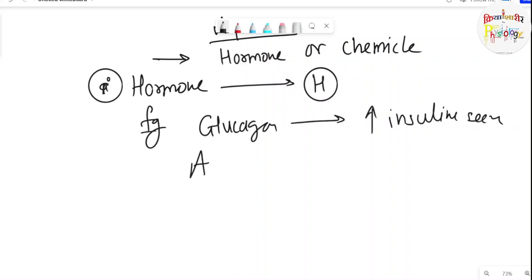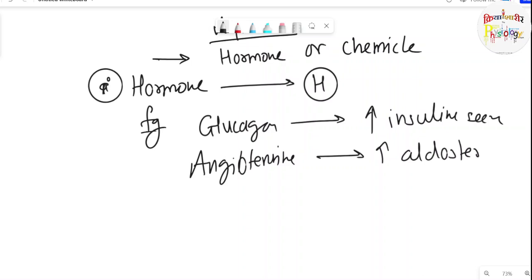Angiotensin increases aldosterone secretion. So angiotensin is one hormone which increases aldosterone secretion.